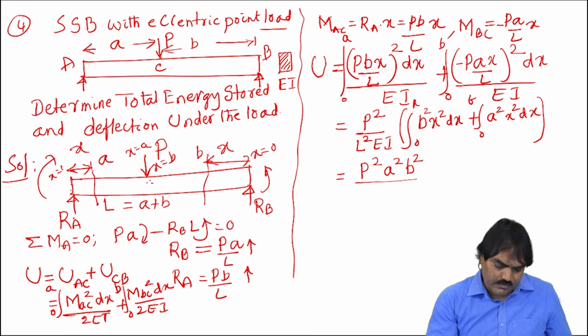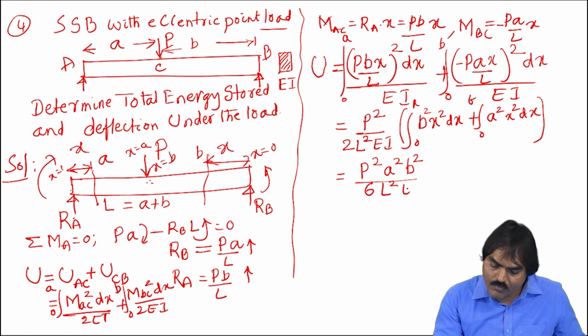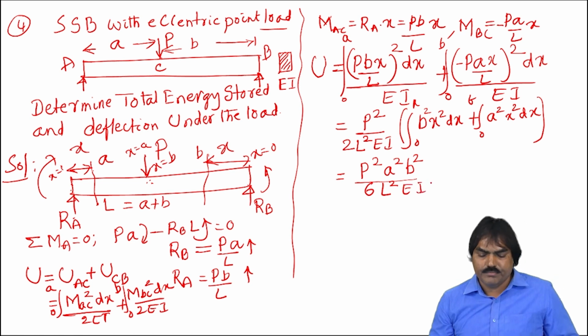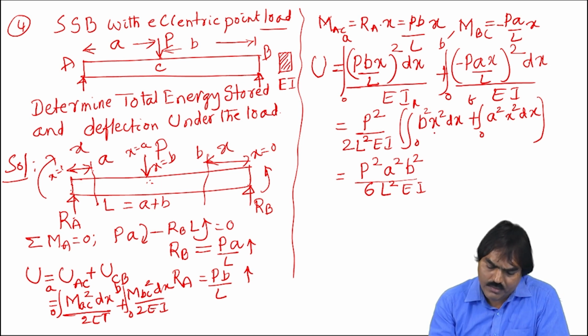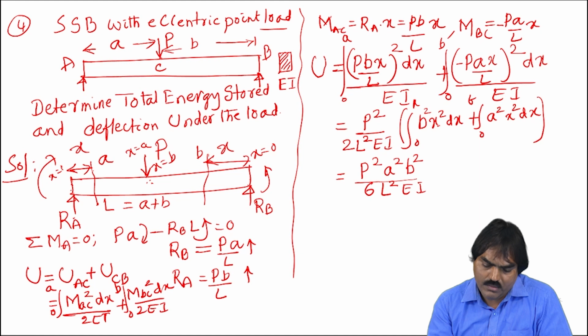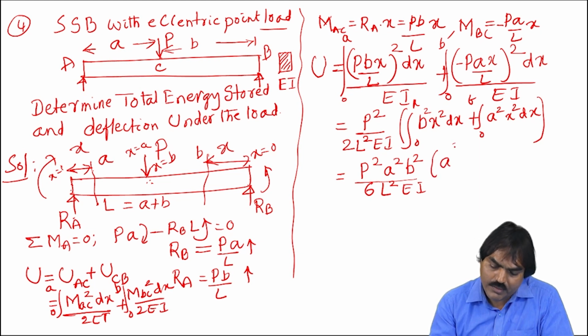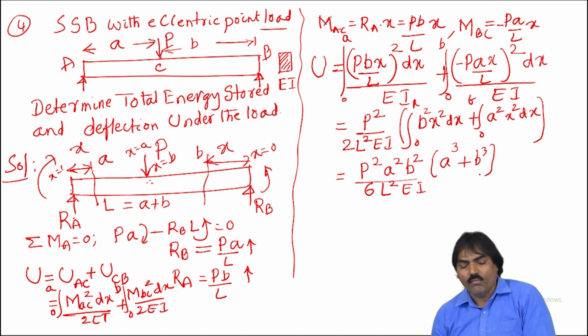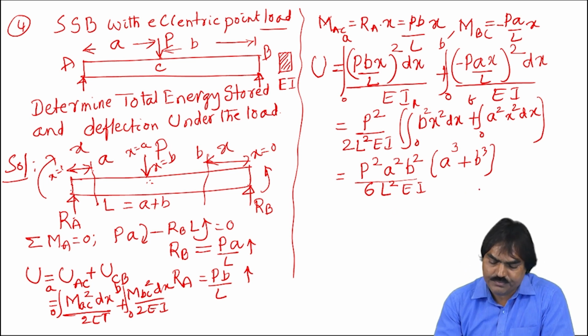But here 2 is there, so the 2 term also will be common. 2 into 3, how much? 6 L square EI, into a square b square into, this is x square, when we substitute the limit, how much does it become? a cube, and this becomes b cube. This is the value. Okay. But you know, L is a plus b, no?